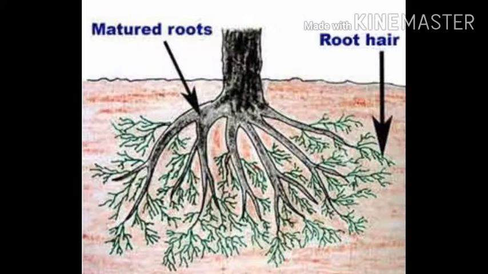Plants respire throughout the day, whereas photosynthesis takes place only in the presence of sunlight. In daytime, carbon dioxide produced in respiration by the plants is used by them in photosynthesis.